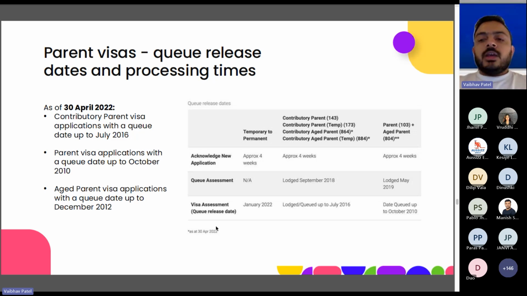Whereas if you see 103 and 804, applications that were queued from 2010 are being processed right now. So for them who have lodged an application in 2010, they might be expecting a visa anytime soon. But it takes a lot of time because the allocation of the number of visas to these categories is very less. So that's why it takes a long time.